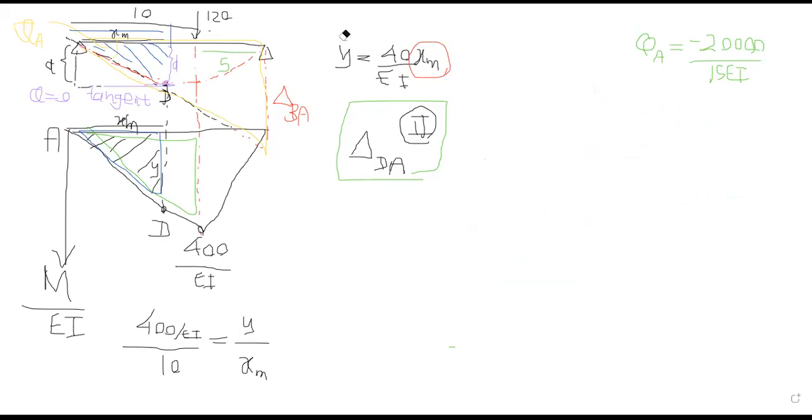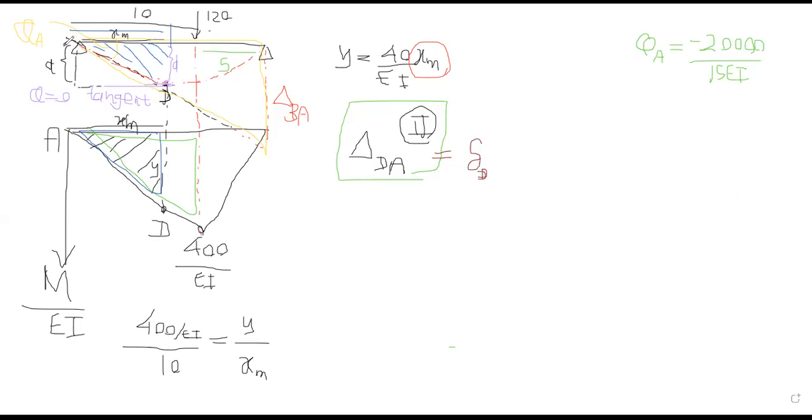So yes, here delta dA, the deflection. This is the maximum deflection, right? How? Because our tangent at D is horizontal.